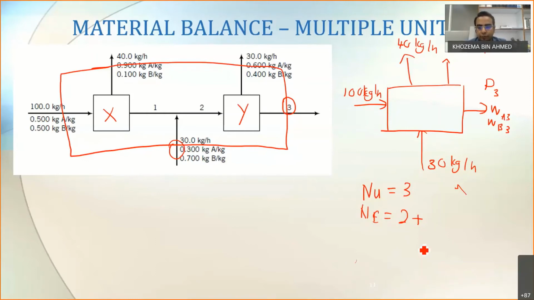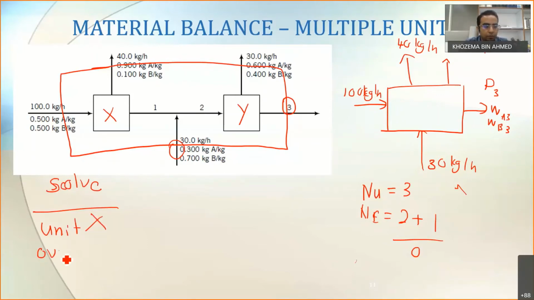So I have my degree of freedom equal to 0 again. So I can say that, based on my degree of freedom analysis, I can solve for unit X and the overall system.